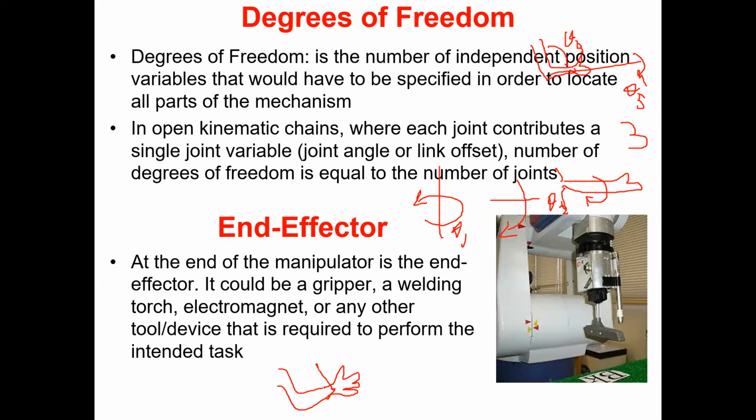If I draw this axis here, you can rotate it like that. So from your wrist, you can have this rotary motion. So that is theta 6.